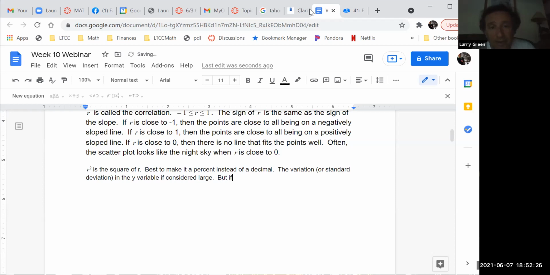But if you just look at y values that all have x values that are almost the same, then the variation, which means standard deviation, is reduced by R squared percent.